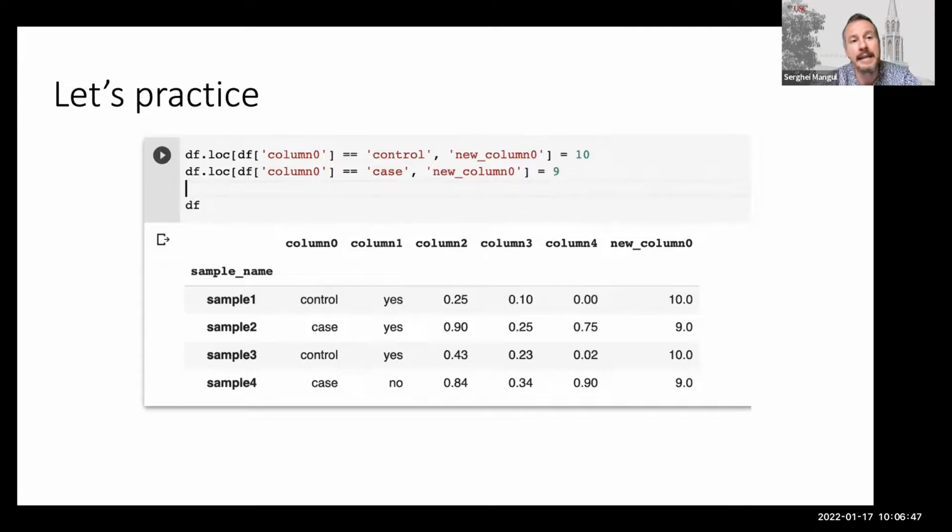So as many cases as you have. So in this case, then it's nice, right? Instead of missing value, remember, instead of 9, it was missing values. Not anymore. Now we have 9. Okay, so I would say that's perfect, right? Assuming that in column 0 we have only control and case, those 2 lines will be sufficient to define a new column. Okay, any questions so far? Okay, so hope that makes sense.